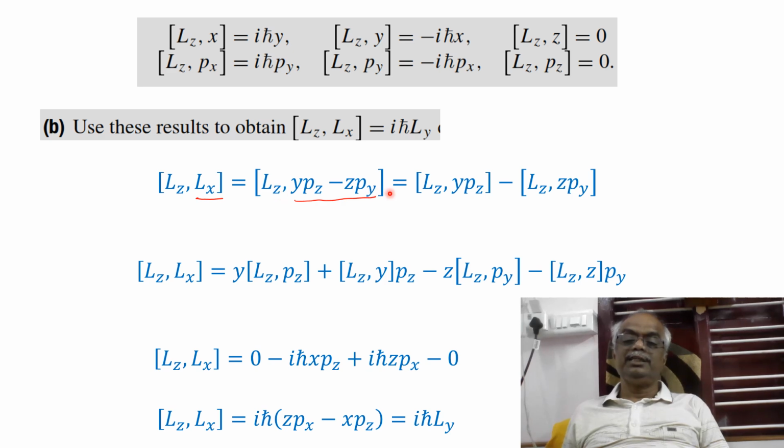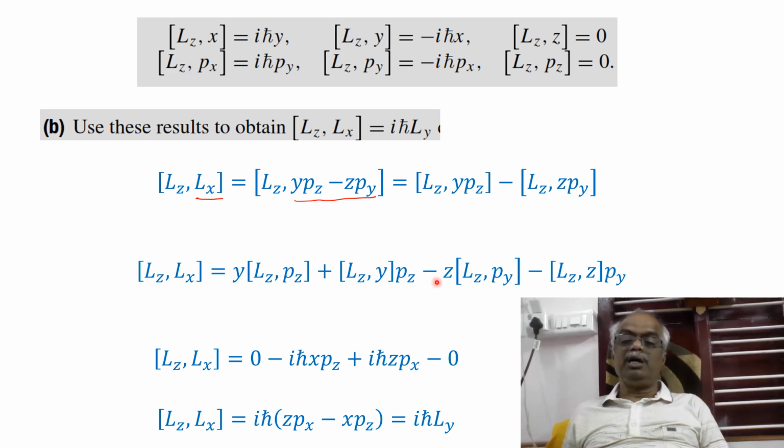Now I can expand this using the commutator expansion. This y I am taking to the left hand side and this pz I am taking to the right hand side. So the left hand side operator to the left, the right hand side operator to the right. It's a usual commutator expansion. Do the same thing here. z on the left hand side, and py on the right hand side.